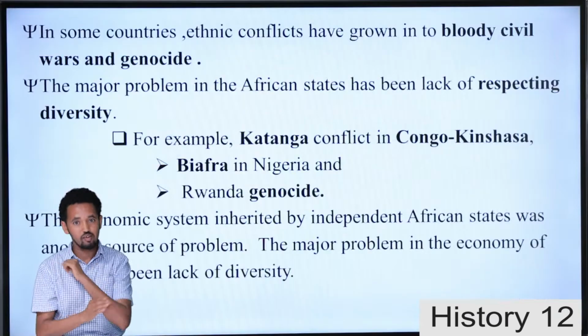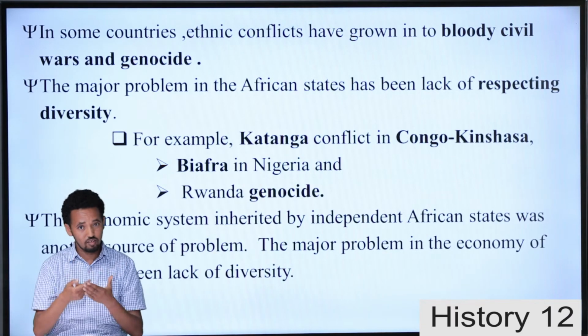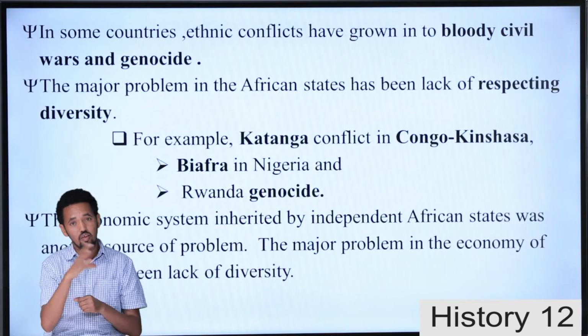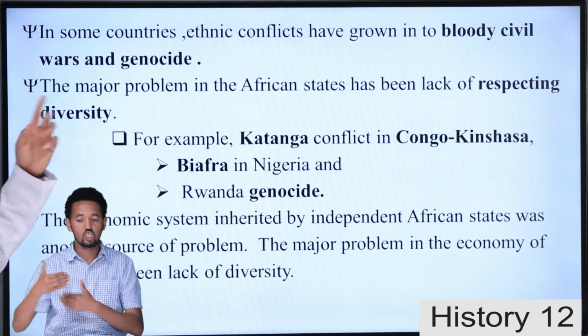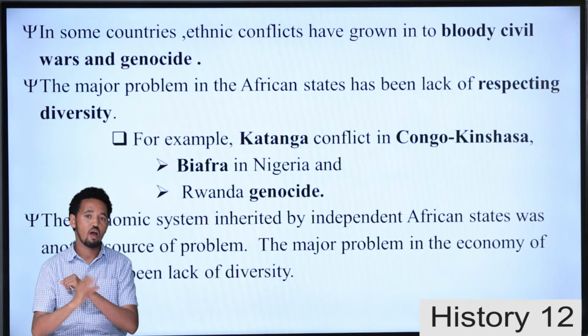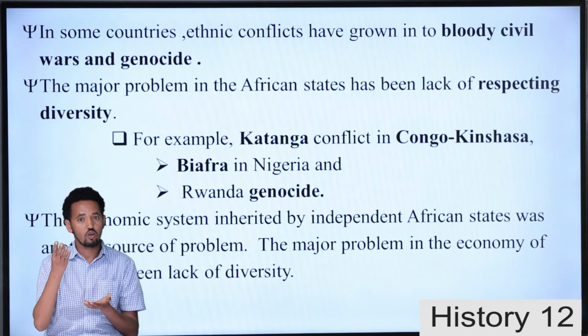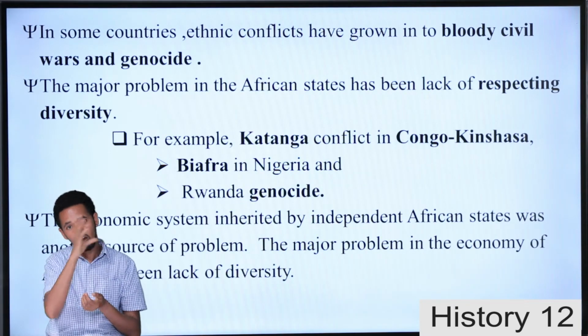In some countries, ethnic conflict grew into bloody civil war and genocide. The major problem in African states had been a lack of respect for diversity. There was no tolerance among the African countries.